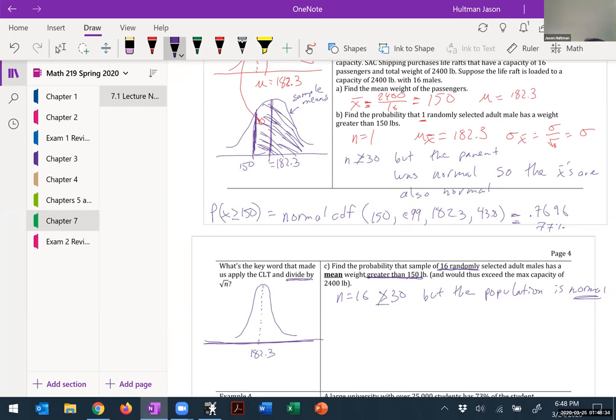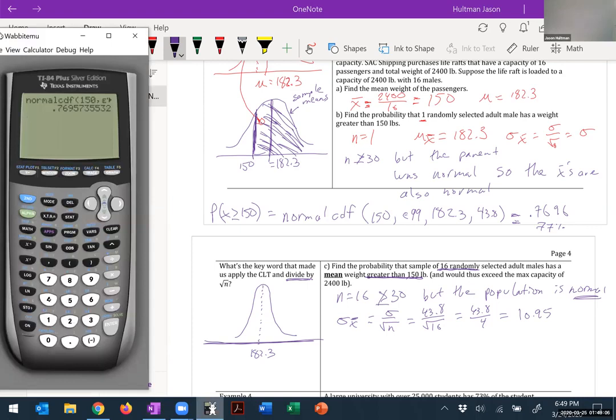So how did it go down by 1/4? Well, the new standard deviation for the means is the original standard deviation divided by the square root of n. The original standard deviation was 43.8, but now it's divided by the square root of 16, which is 4. 43.8 divided by 4 is about 10.95.